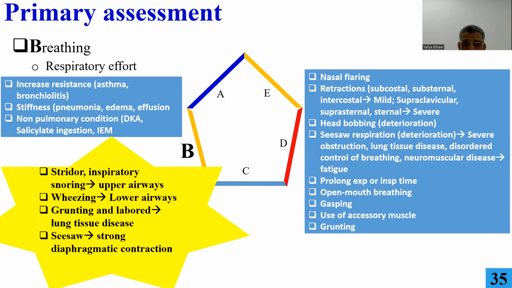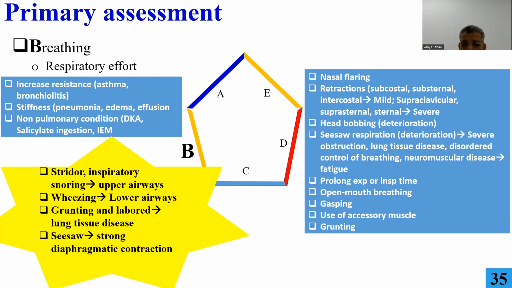It means lower airway. When we have grunting and labored breathing, it's a tissue disease problem. It's not respiratory difficulty. Remember, the tissue has a problem. And whenever the tissue has a problem, such as pneumonia, because pneumonia is protein and fluid, once it's mixed with fat, the fat is diluted and decreases the surfactant.